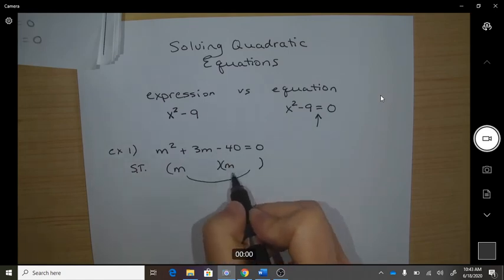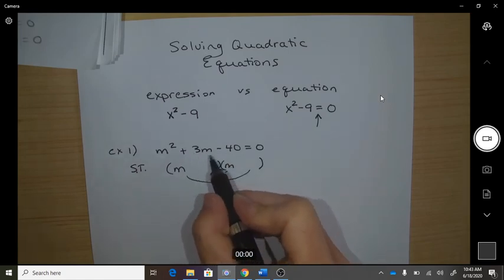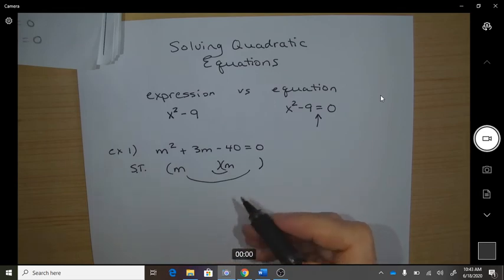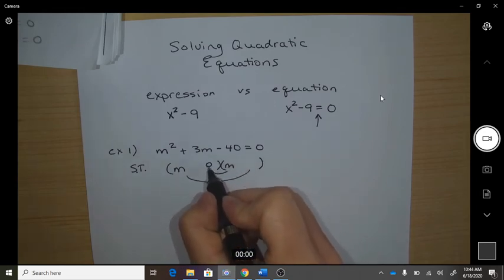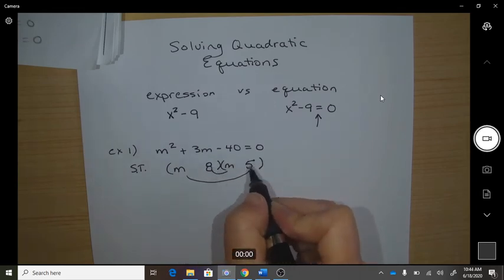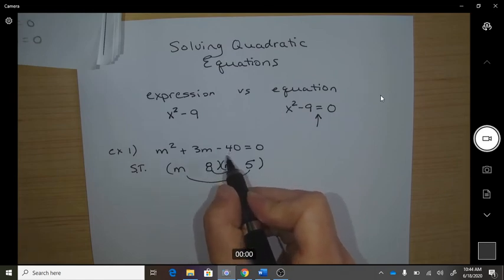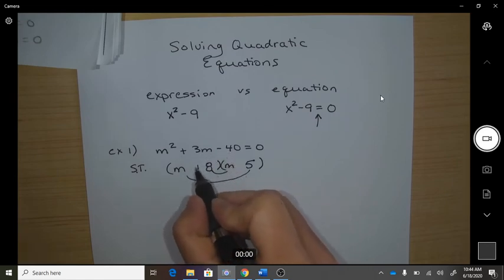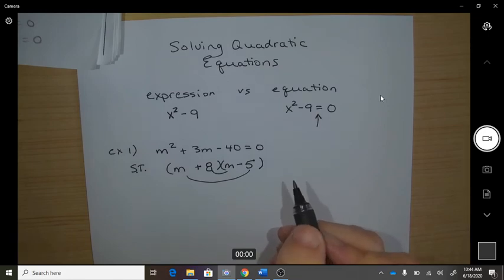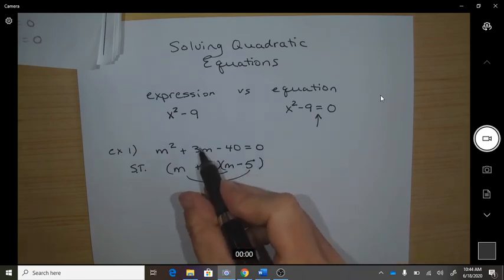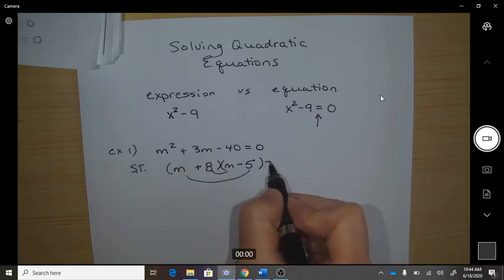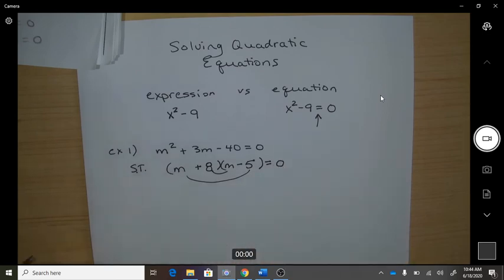And then outside, inside, need to make a 3, and they have to multiply to be negative 40. So 8 and 5, and I need a negative. So one of them is negative: positive 8, negative 5, because that adds to positive 3. That's going to equal 0.